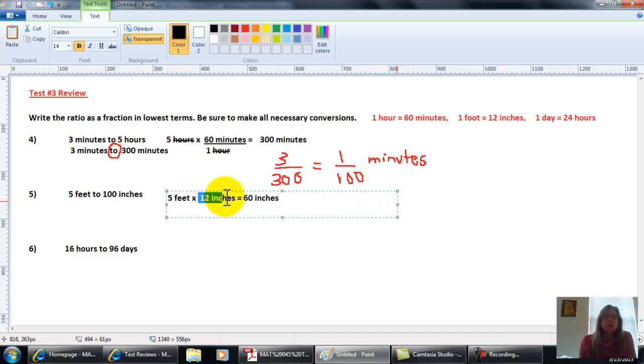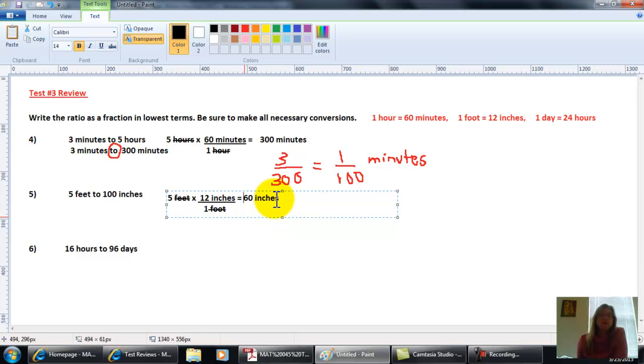And what we did was we used that conversion factor, and the factor is like a fraction. So that's 1 foot, and that will cancel the feet. It's like cross cancellation, really.